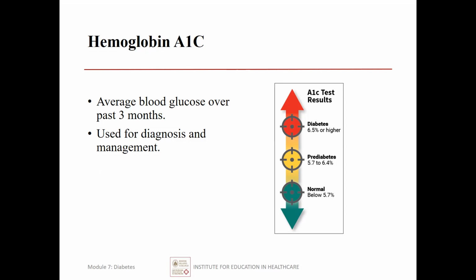So it's a very useful test because it gives an idea of how have things been going for the past 3 months, not just this morning. And you can see in this picture here, if the hemoglobin A1C is 6.5% or higher, that's diagnostic of diabetes. The person has diabetes. If it's below 5.7, that's a normal blood sugar. And if it's between 5.7 and 6.4, that's pre-diabetes.